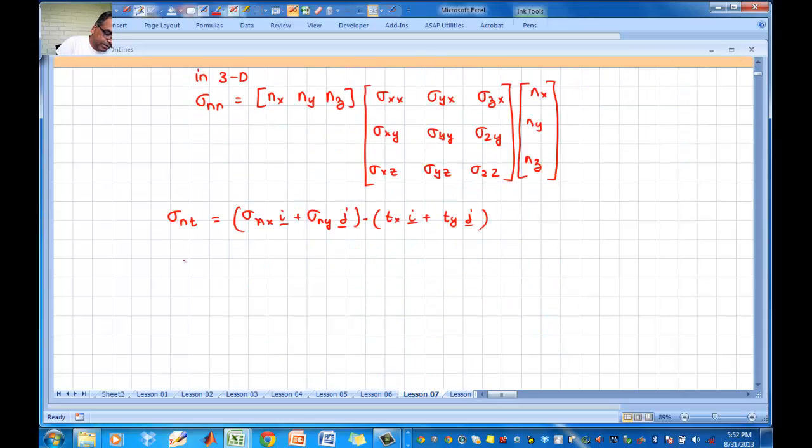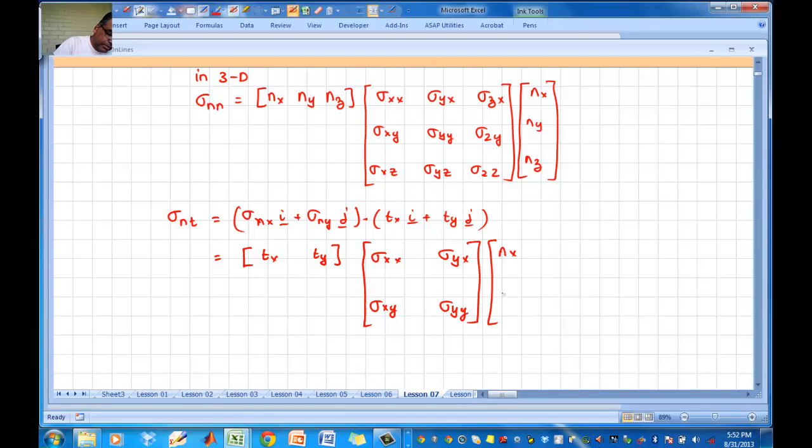So I'm going to write that, which is tx ty, the components of the tangent direction, sigma xx, sigma yx, sigma xy, sigma yy times nx ny. This tells you the face, this tells you the force. You're with me? That's how it works.